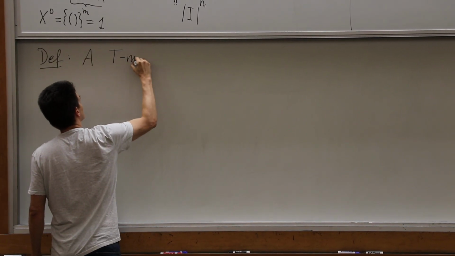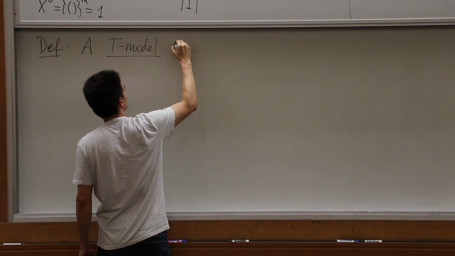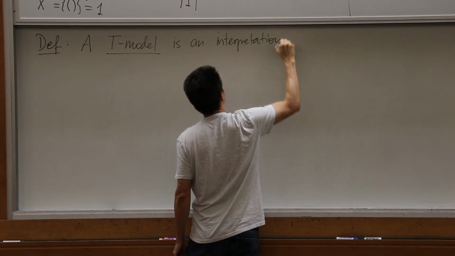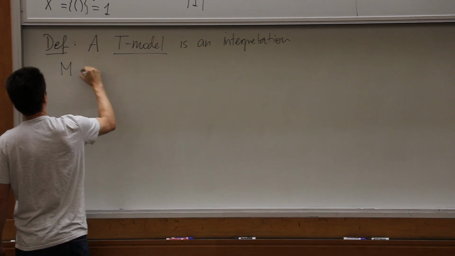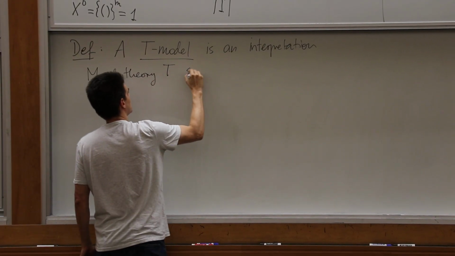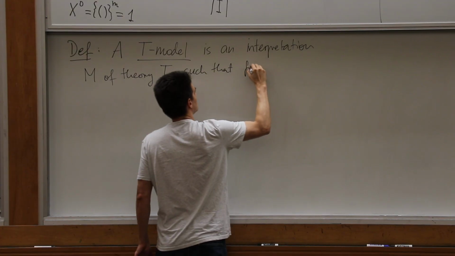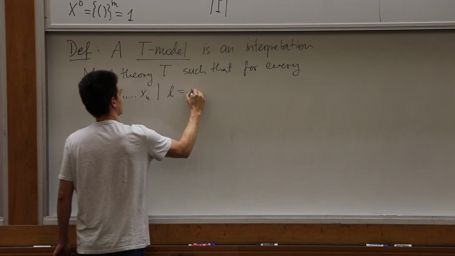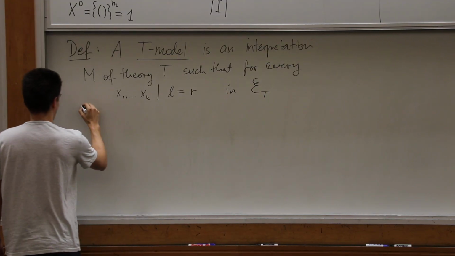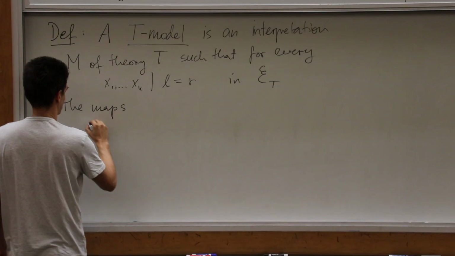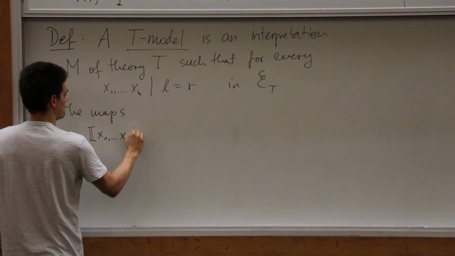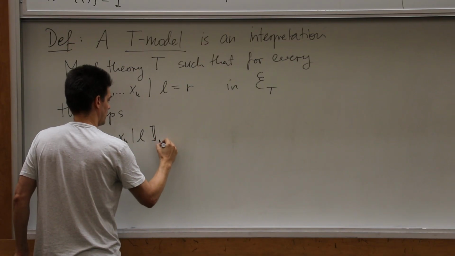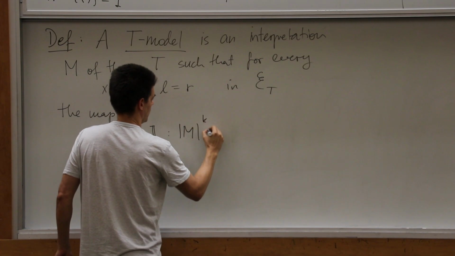A T-model is an interpretation, let's call it M, of theory T, so that for every equation x1 up to xk, L equals R in the equations of T, the maps... So now I can take the left, this is a term in this context, so therefore I can interpret it, and I will get a map like that.